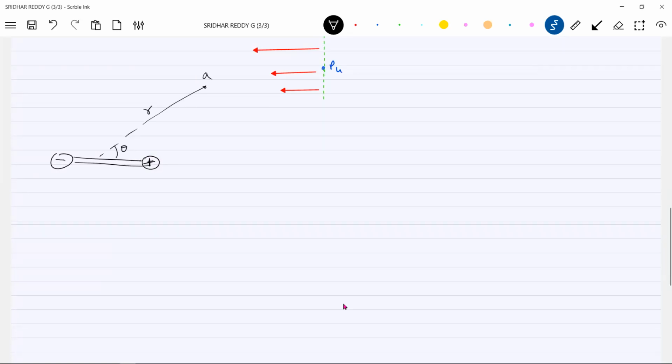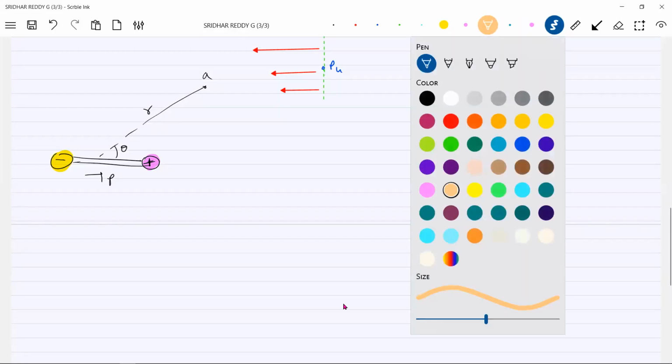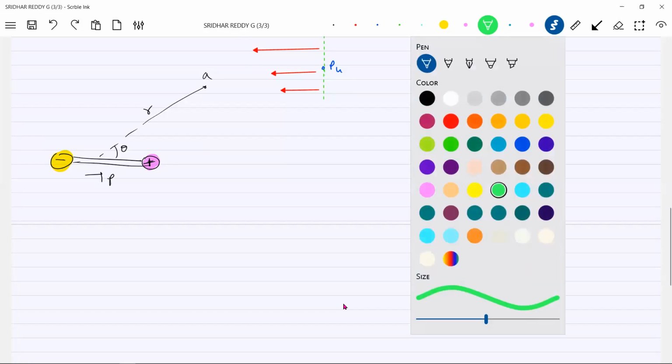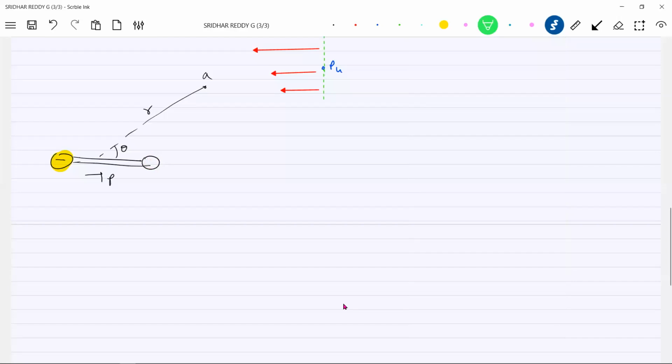Let me call that point A. The dipole moment, let it be P. Now, how are you going to manage this?